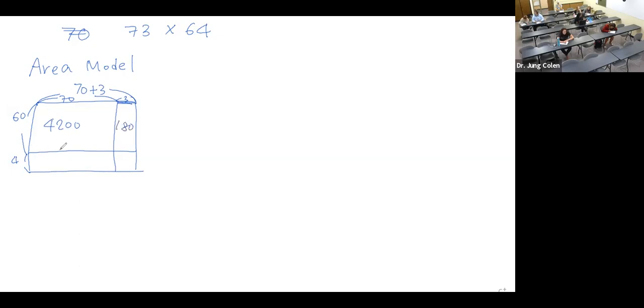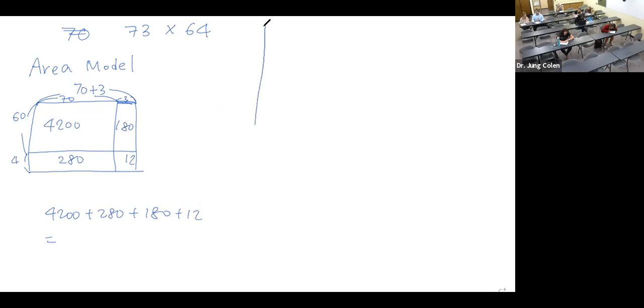How about this one? 70 times 4, 280. How about this one? 3 times 4. So we got partial products there, so we can add them all together. 4,200 plus 280 plus 180 plus 12. And you get the answer for that.